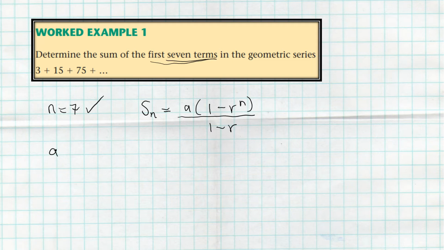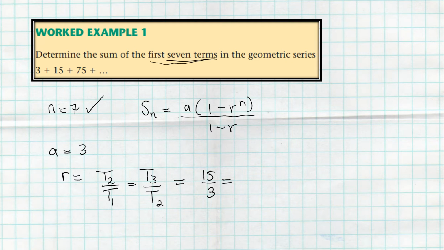Our A is our first term, which is 3, and our R is our common ratio, which we get by saying the following term divided by the previous term. This must be the same as T3 divided by T2. What is our T2? It is 15 divided by 3.